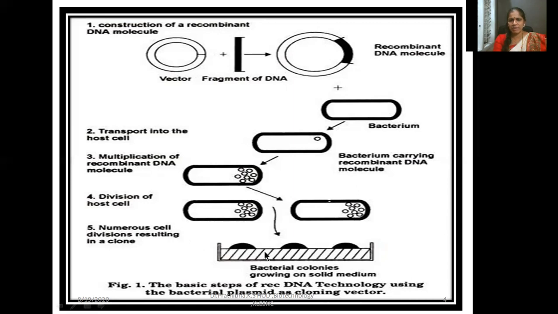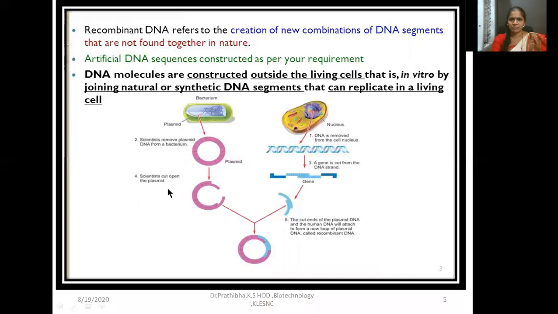On solid medium or culture medium, you will be able to see bacterial colonies growing. In these colonies, you will see many million bacterial cells. So this is all about the basic steps of construction of recombinant DNA molecule by using the bacterial plasmid as cloning vector.